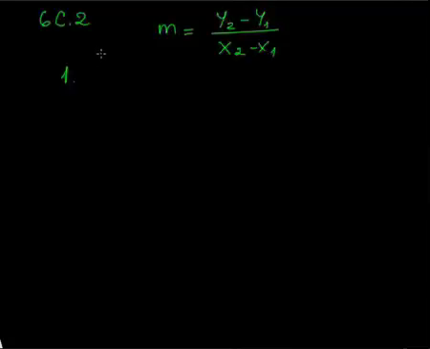The question is simply: use the gradient formula to find the gradient of the line segment connecting the next points. I'm going to start with the first one, and the points I have are (4, 7) and a second point with coordinates (3, 2).